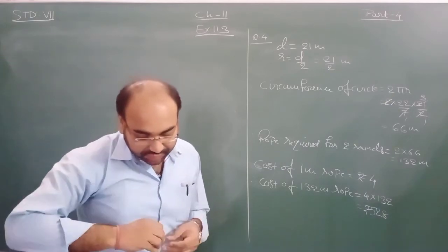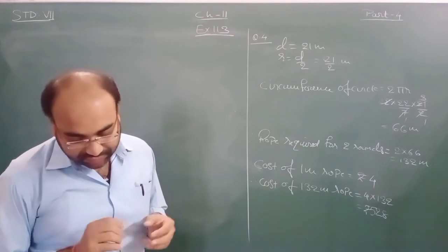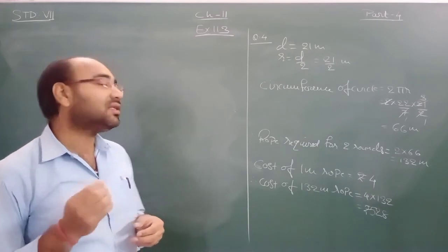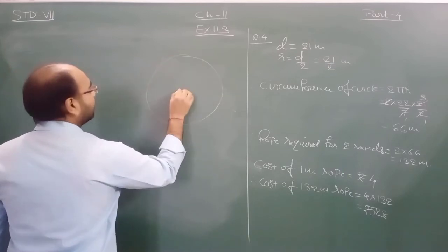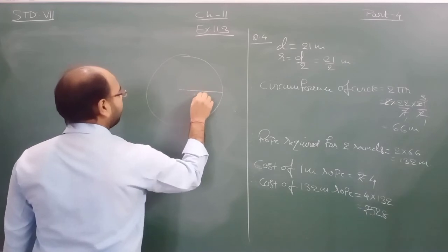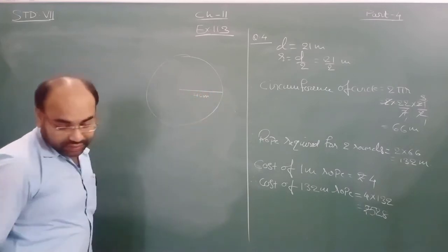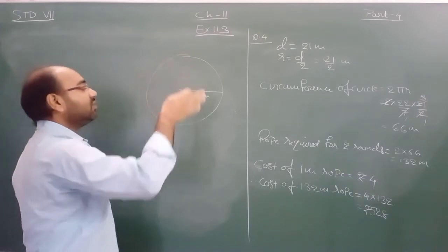For example, this is a circular sheet. What radius is given? 4 centimeter. This circular sheet is of 4 centimeter.